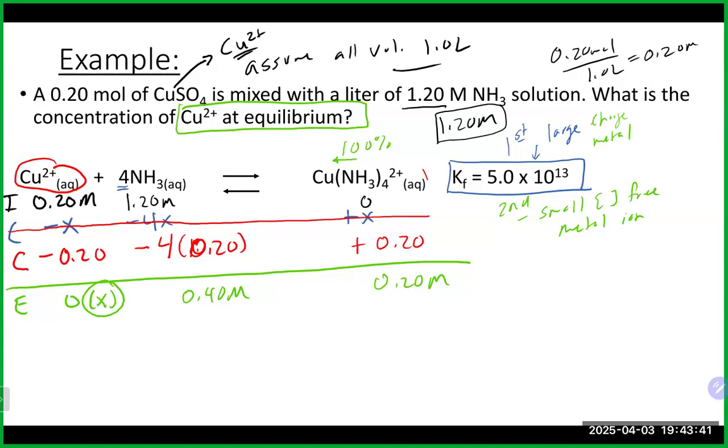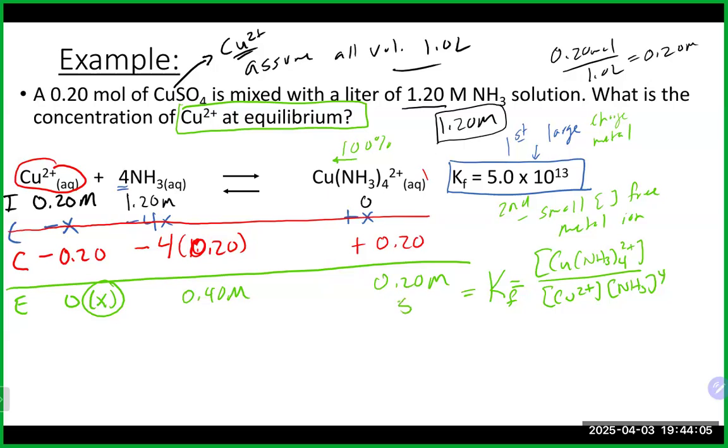And the way that we could solve for it is to actually just use the equilibrium constant. So we could use the Kf, and the Kf in this case is Cu(NH3)4 divided by our Cu2+ and our NH3. And again, we still need to take it to the fourth power because of the coefficient.